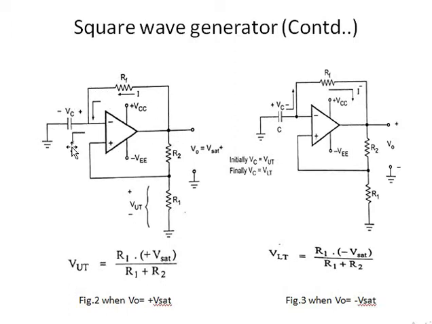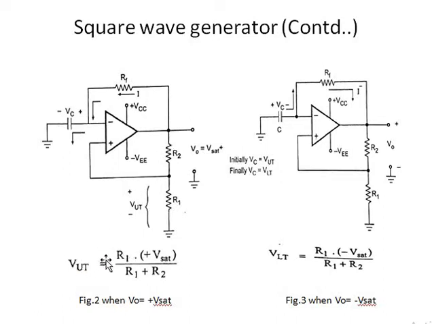Okay, now what will be the voltage available over here during positive V saturation output? It will be upper threshold voltage VUT, which is the product of feedback factor and the output. That is, feedback factor is R1 divided by R1 plus R2 here, and the output is positive V saturation.